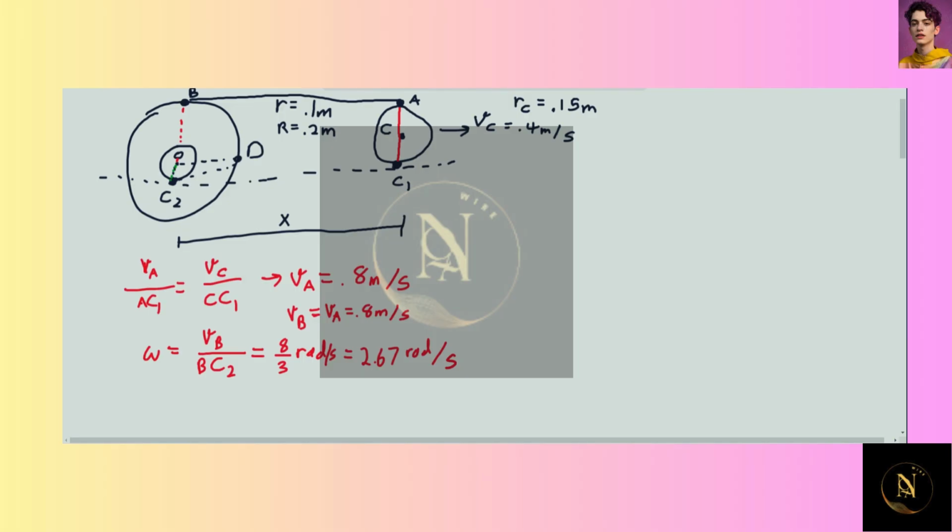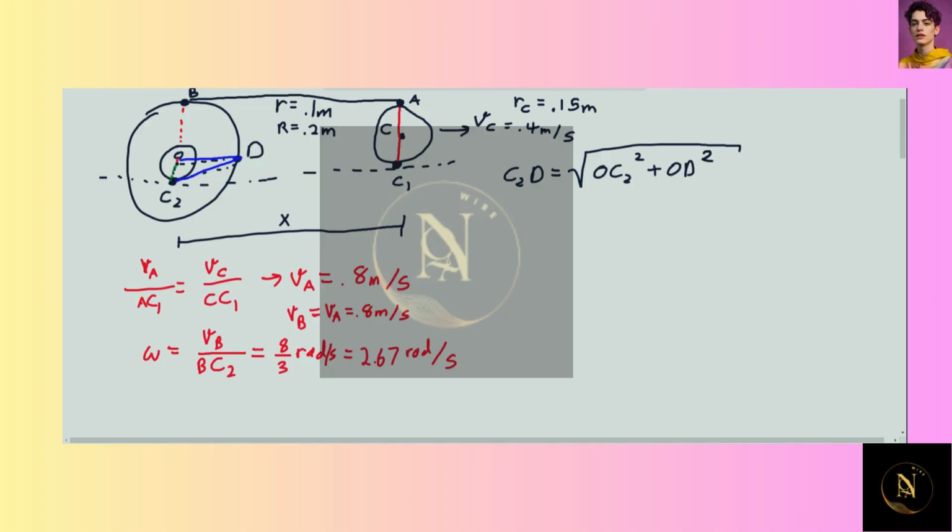We still need to learn then what this distance C2D is, and we can get that by looking at this right triangle here, C2OD. So we can find that C2D, or DC2, whichever way you feel like writing it, is just going to be the square root of OC2 squared plus OD squared.